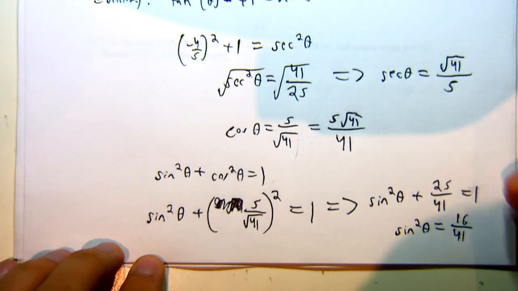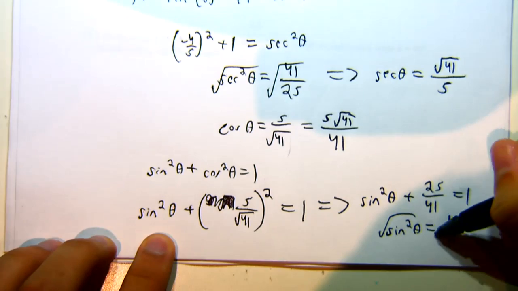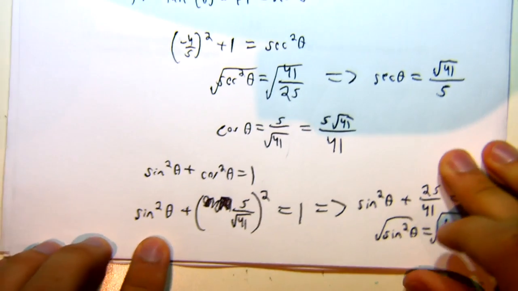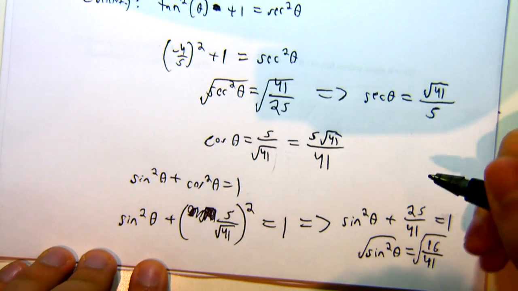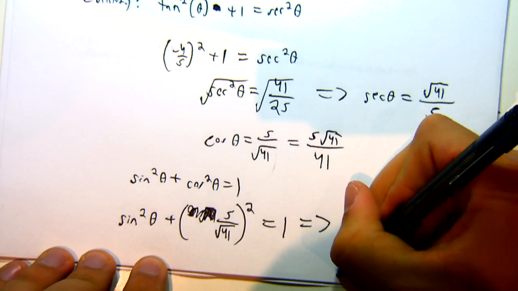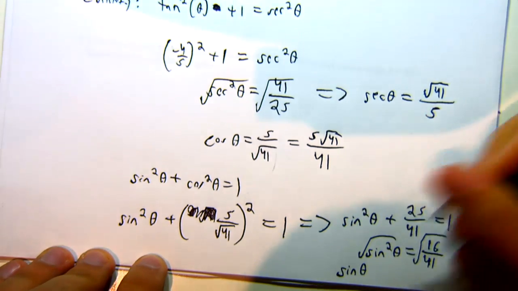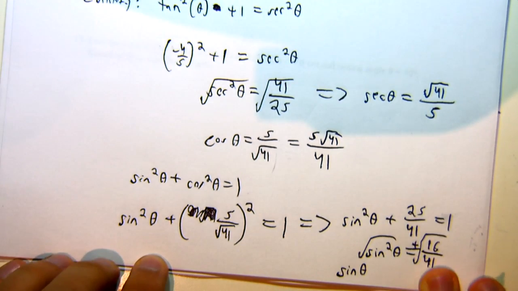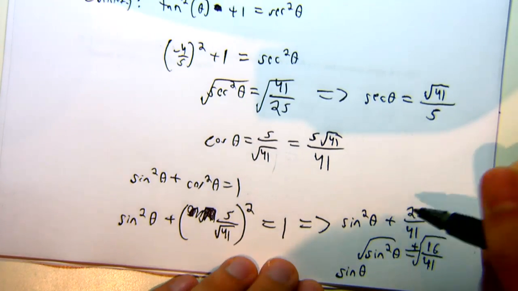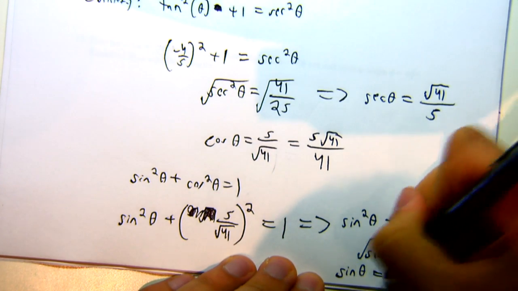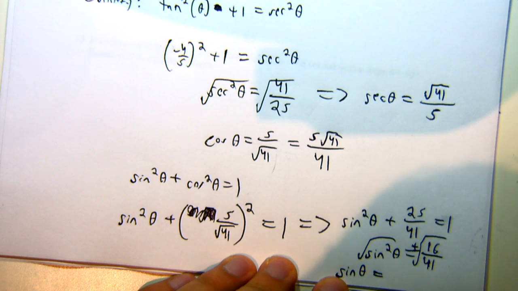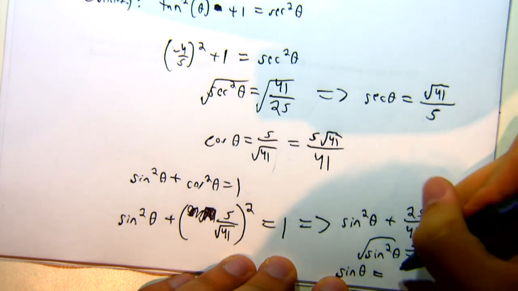Alright, and then we just take the square root, and then we find that sine theta, well, this could be plus or minus, because we're taking the square root, and sine theta is going to be equal to 4 over square root of 41, right?